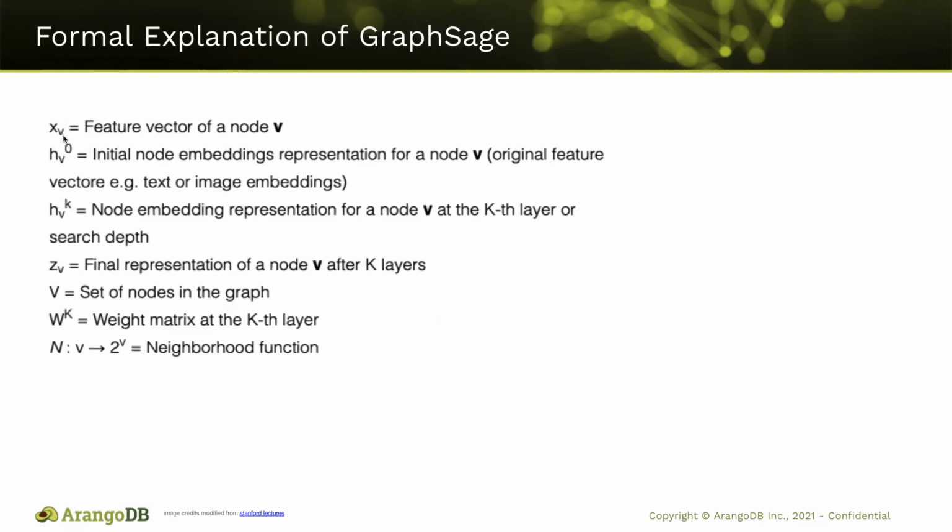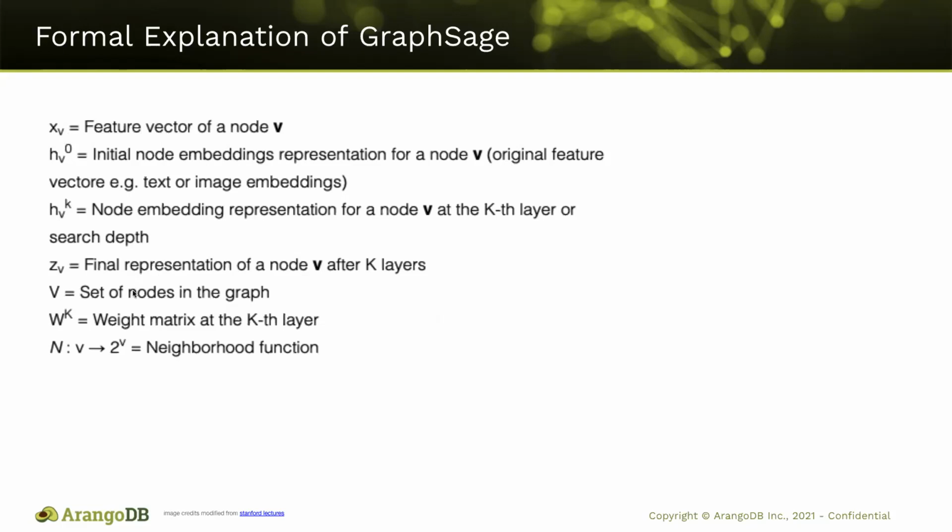But before that, let's define some notations which are used in the paper. For example, x of v represents the feature vector of node v. h of v of 0 is the initial node embedding representation for a node v, which is its original feature vector, could be text or image embeddings. Then h v of k is the node embedding representation for a node v at the kth layer or the kth search depth. Then z of v will be the final representation; after iterating through all the search depths, we get z of v, the final representation of node v.